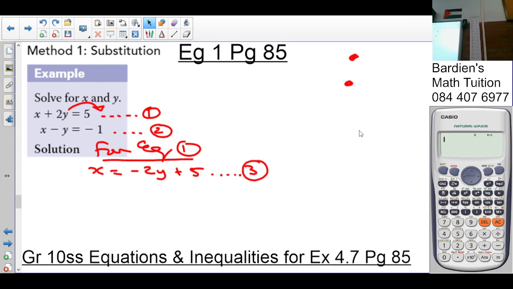Now we take that equation 3 and you substitute it into equation 2. I'll tell you now why equation 2. So the next bullet would be substitute equation 3. Write this down. You substitute equation 3 into the other equation.